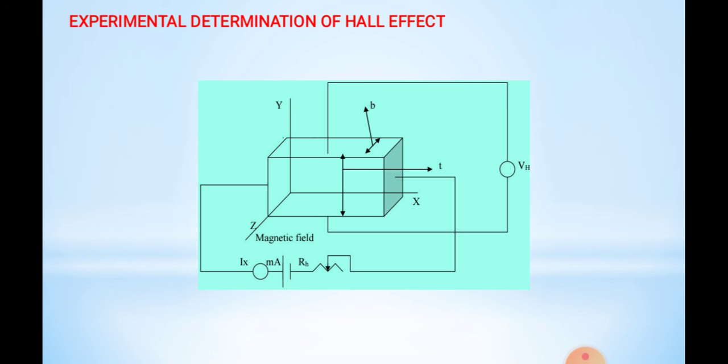When a magnetic field is applied perpendicular to the current, some voltage is developed along the y-axis. To measure the voltage, in this diagram we have the symbol VH, which is a voltmeter. This voltmeter is used to measure the voltage that is developed inside the semiconductor due to the Hall effect.